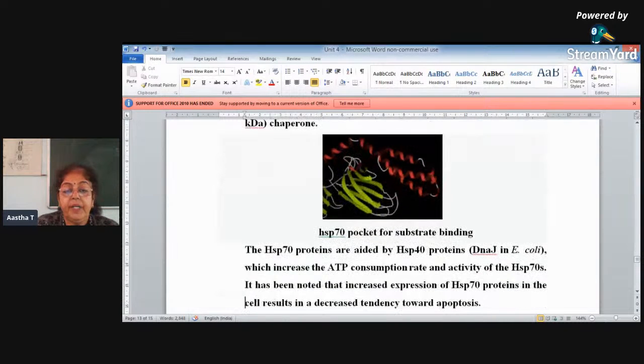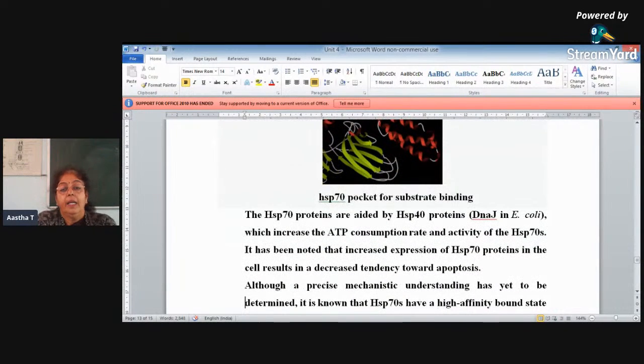The HSP70 proteins are helped by HSP40 proteins, that is DnaJ in E. coli. The names of HSPs are different in E. coli and eukaryotes. They increase the ATP consumption rate and activity of HSP70. So HSP40 plays a supporting role for HSP70.